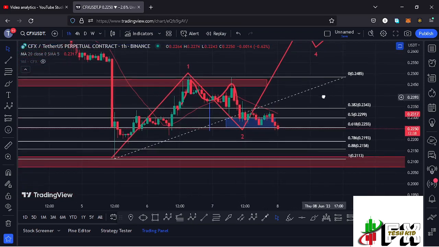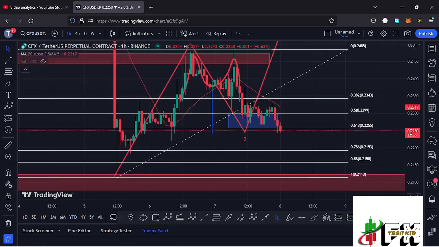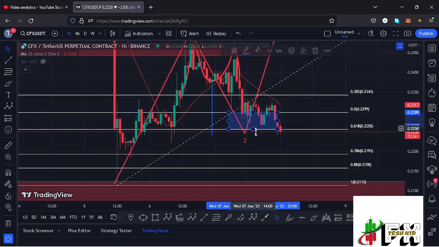In case further breakdown continues on the charts, then I'll have to extend my target area to the fib level 0.78, which is still a minimum retracement area for that wave 2, at around the $0.2193 mark.